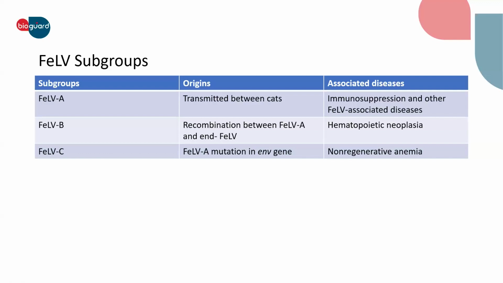Once the cat is infected with FeLV subgroup A, the env gene of the FeLV-A, because of selection pressure, will undergo some mutation, and those mutations will make the FeLV-A become FeLV-C, and it will cause non-regenerative anemia.